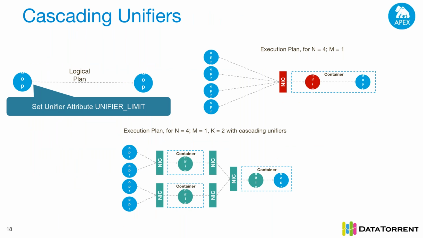Now there is another concept which Apex has introduced, which is a cascading unifier. Cascading unifiers help you solve the cases where you have a huge number of partitions for one of the operators, and then there is a unifier which does the non-trivial computation, and it can become a bottleneck. In such cases, you can set the unifier limit attribute on the output port of the operator.